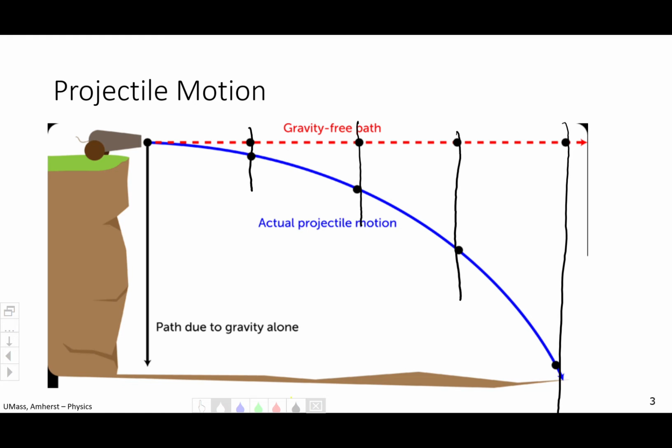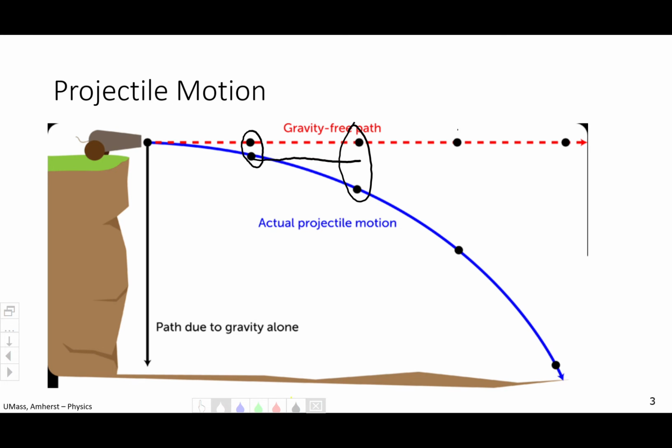Now, vertically is a different story. If we look at how far it's moving every second, let's say these are each 1 second intervals. After the first second, it hasn't moved that much. The second unit of time, it's moved a good deal more. The third unit of time, it's moved even more.